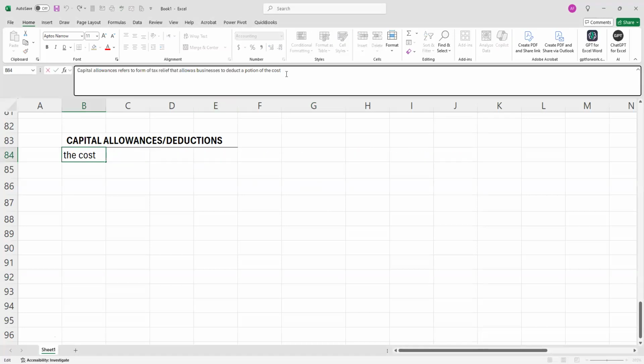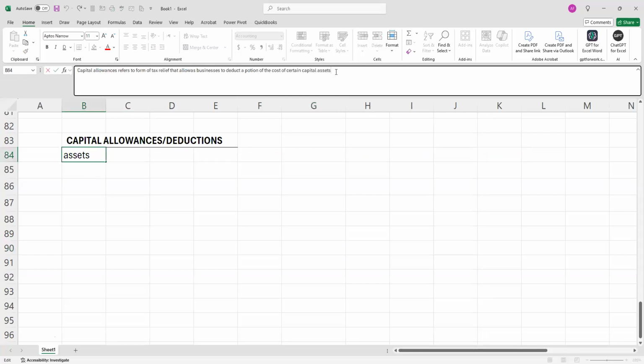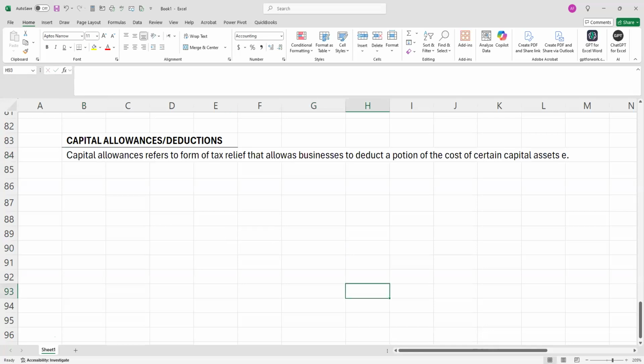Just as we are looking at the example of that Dennis Limited. For example, the assets that you can consider, we can mention several.